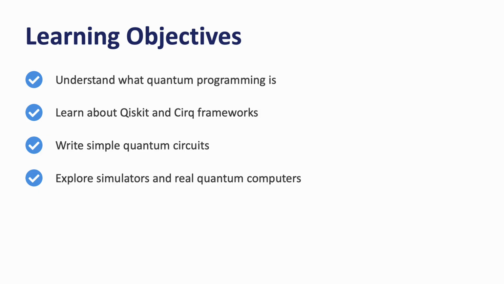More importantly, you're going to get hands-on experience. We'll walk through creating actual quantum circuits using both Qiskit and Cirq, which means you'll understand the fundamentals of how to code for quantum computers. You'll see real examples, and hopefully you'll feel inspired to try this on your own computers later.